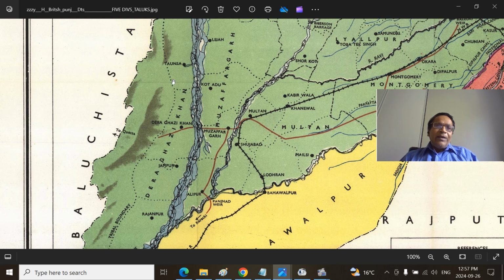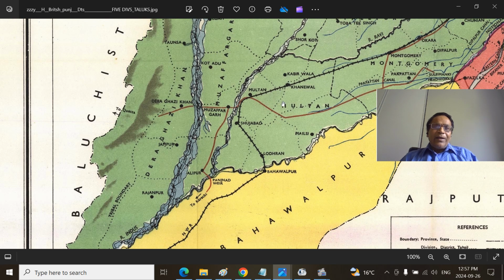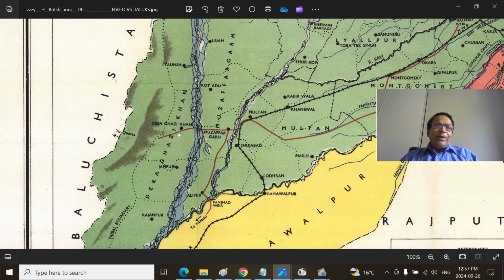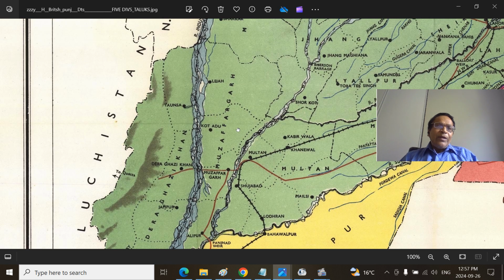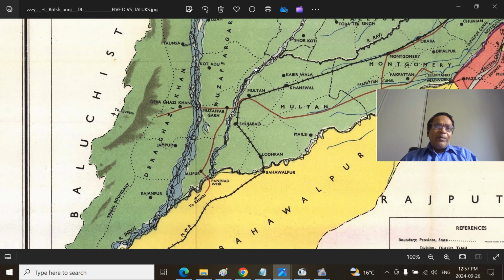The eastern part is actually the Derajat region that we will cover next time. I'm showing it because certain western portions of these districts will be covered. There are Ghazi Khan and Jampur, Rajanpur, Rojhan. This is the tribal boundary you can see. This is the part of the Sulaiman ranges in this British Punjab area.